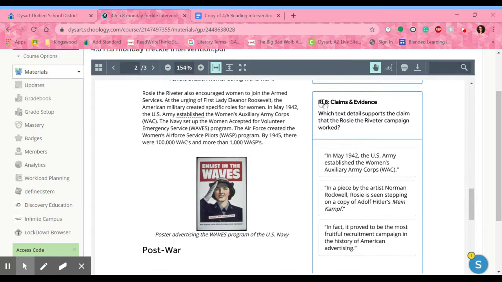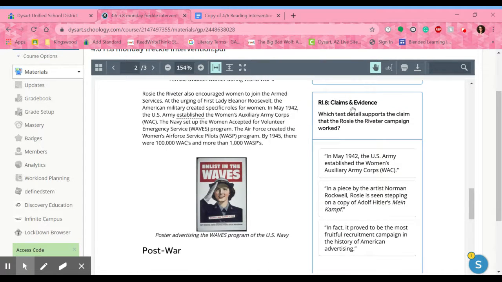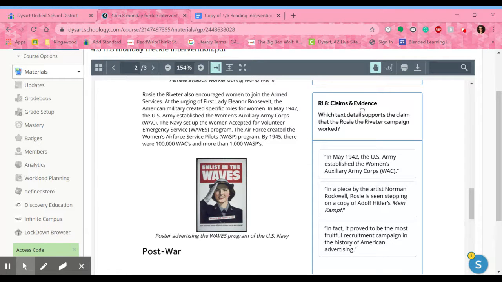This one is that skill of analyzing claim and evidence. Remember, the claim is what is being argued, and the evidence is what they give to support and back it up. Which text detail supports the claim that the Rosie the Riveter campaign worked? In May 1942, so I don't know if you could use that one.